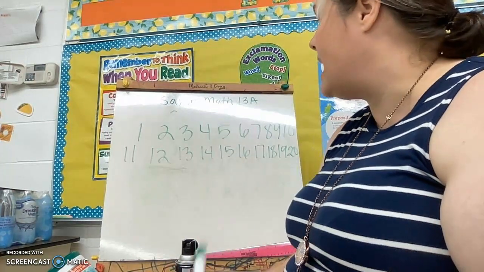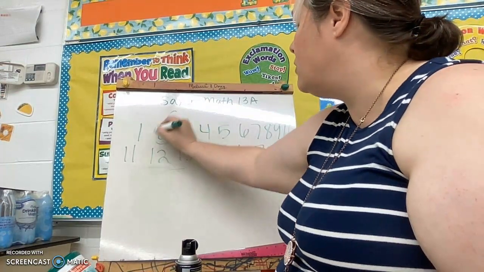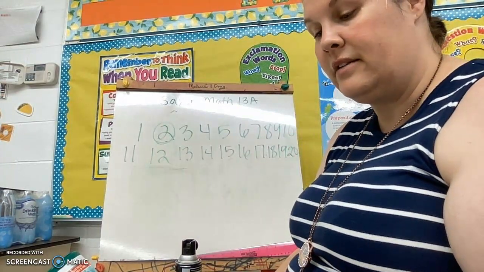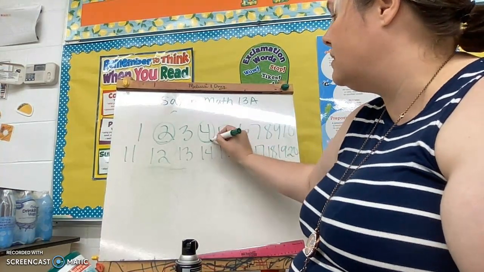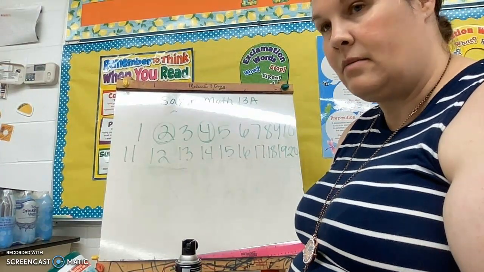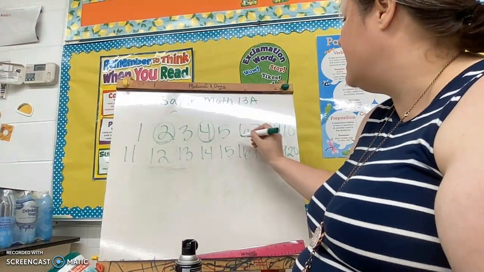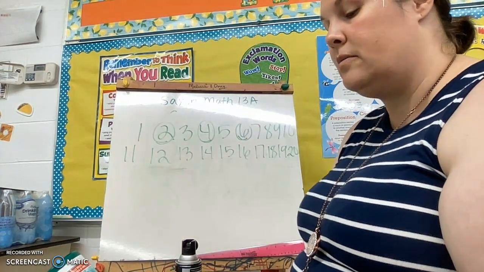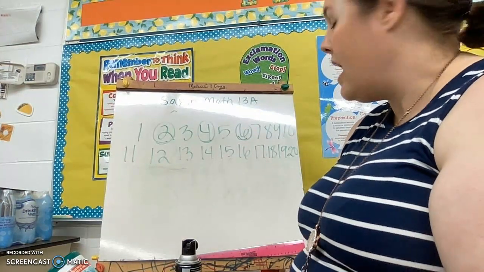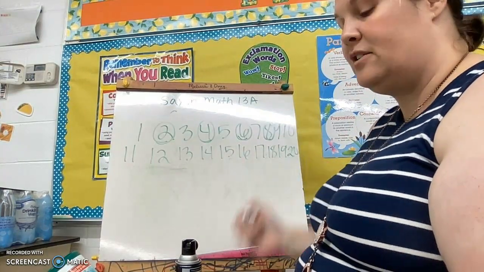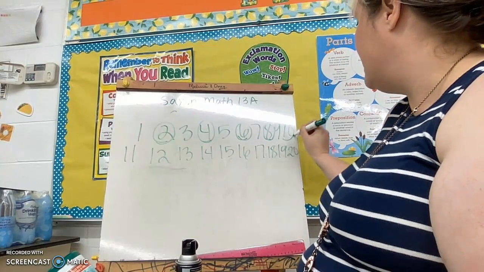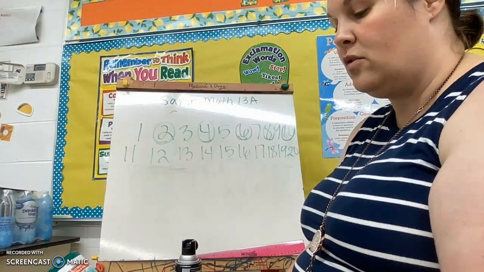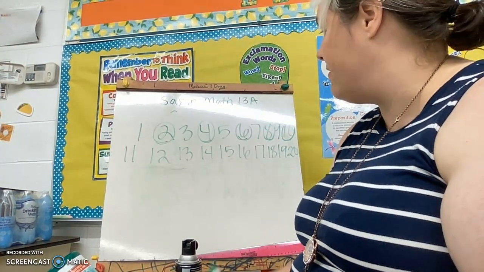So equal groups. I can split 2 into equal groups, 1 plus 1. I can split 4 into equal groups, 2 plus 2. Sounds like our doubles, doesn't it? I can split 6 into equal groups, 3 plus 3. I can split 8 into equal groups, 4 plus 4. I can split 10 into equal groups, 5 plus 5.